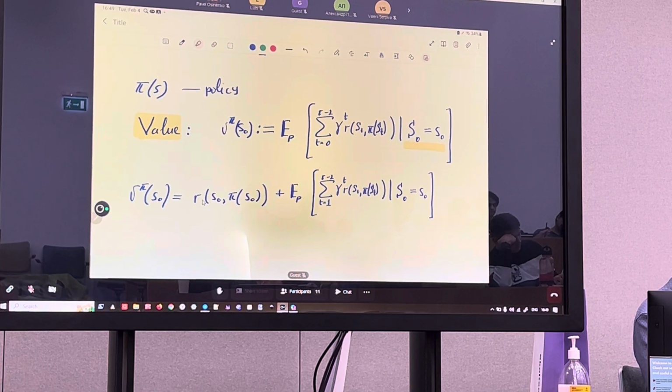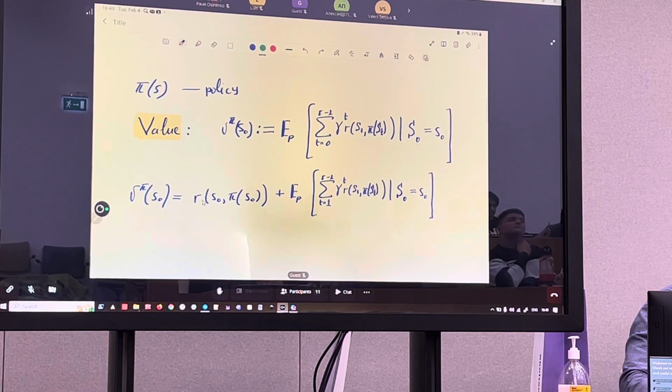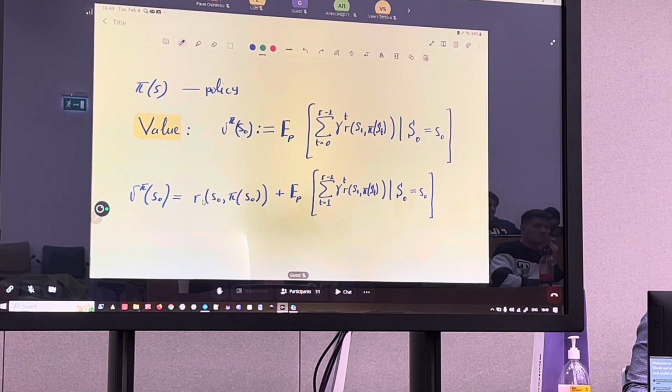Next one, the state S1, it's not definite anymore. It's random. So, what would you do there? How would you write the condition? Anyone give me a hint? What should I write here for the condition?